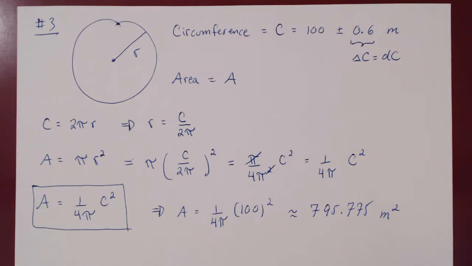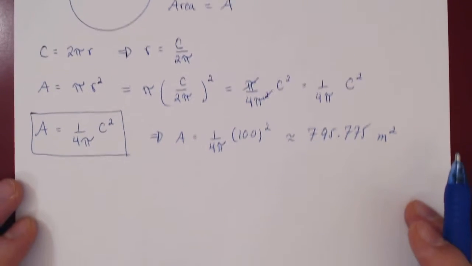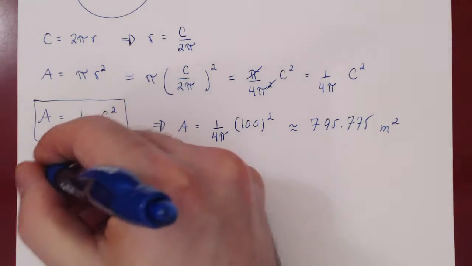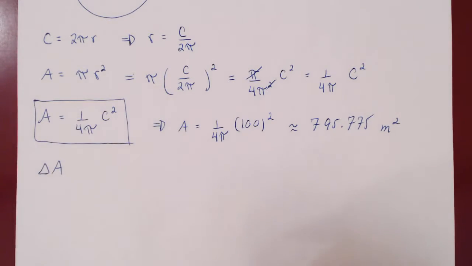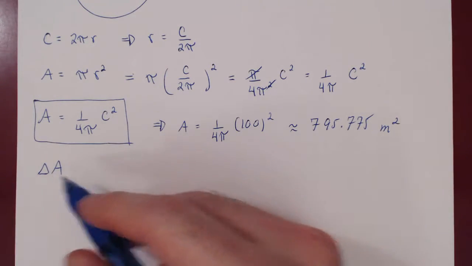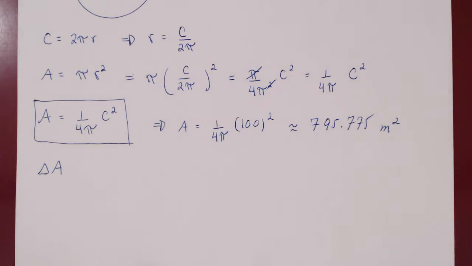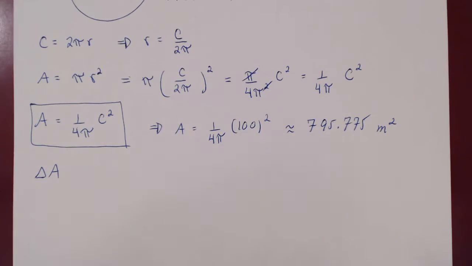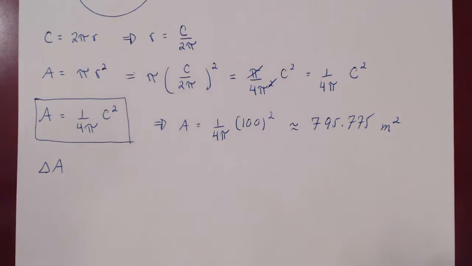Now with the uncertainty. The uncertainty is the change in the variable, so the change in A. But as always, this is the exact change in the variable A, the area of the circle, and we're talking here about uncertainty.